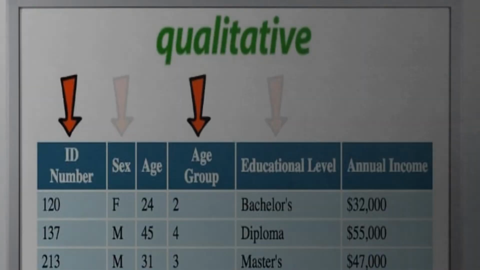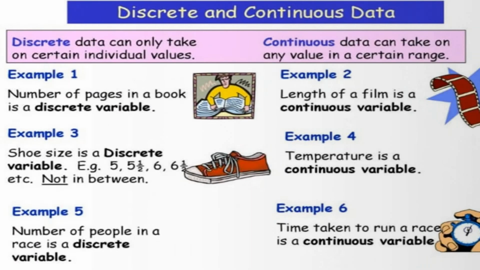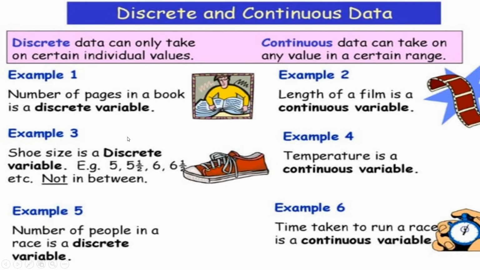To explain, I want to refer to discrete and continuous data. Discrete means data can only take certain individual values. Continuous data can take any value within a certain range. It means when we are given certain countable values, for example, the number of pages in a book is a discrete variable. Shoe size is a discrete variable.